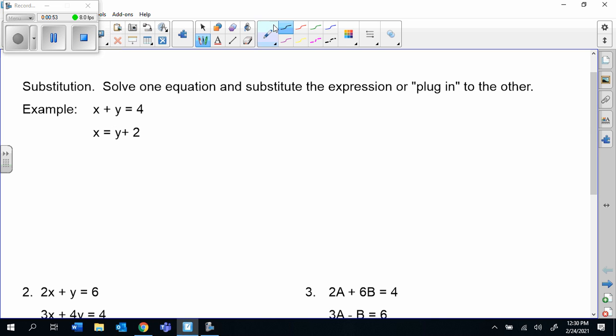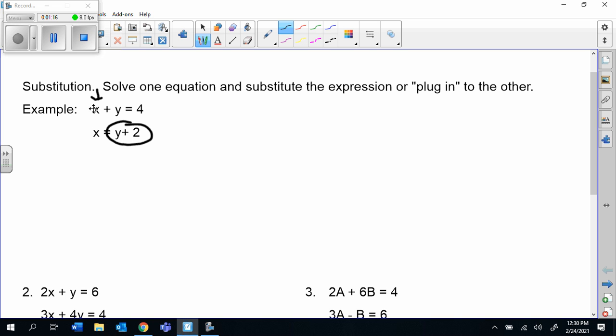So to not babble any more than I already have, here's the idea. We're going to take one expression and substitute it in the other equation. But you have to have one variable already solved. So this first one works because I gave it to you in x equals form.